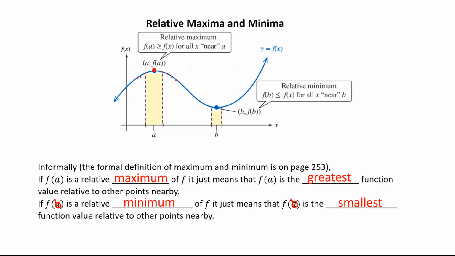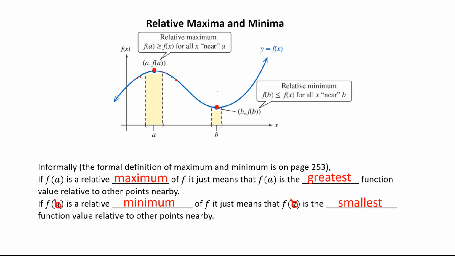So here you can see this point, b, f of b, is a minimum. It's the lowest point in that area. And so we would call f of b a relative minimum.